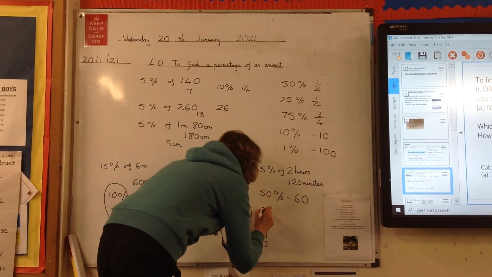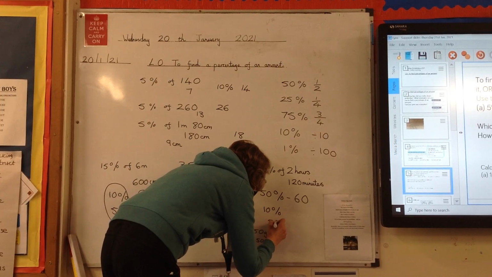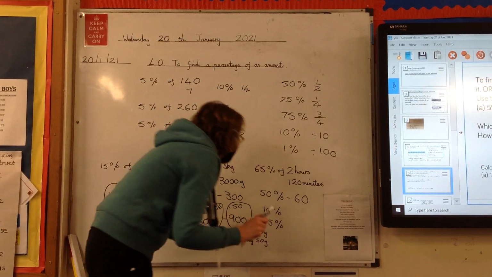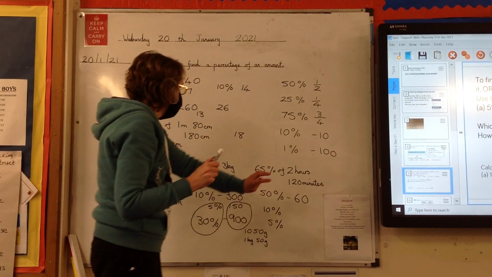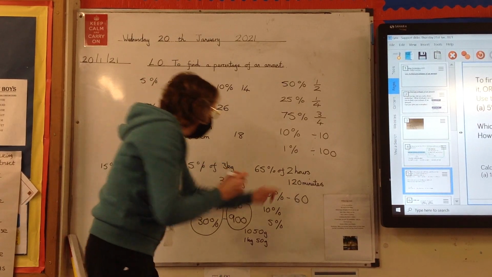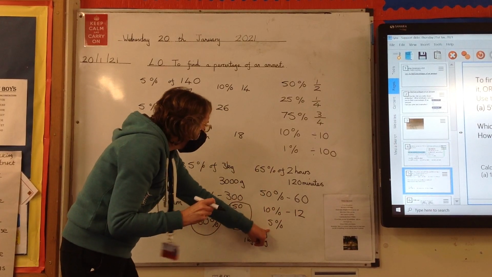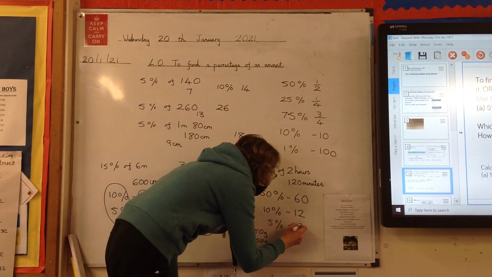Right, but then I'm going to need 10%, and I'm going to need 5% to make 65 altogether. 10% of that will be 12. So 5% will be half of that, which is 6.